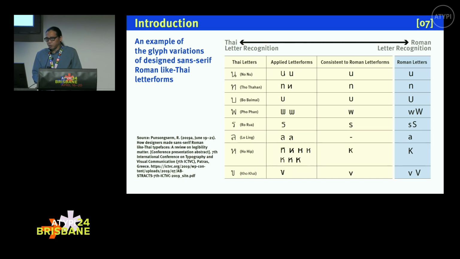This figure shows the assembly of the grid variation of designed sans serif Roman light type letterforms. On the far left is the original Thai letter, and on the far right is the Roman letter.